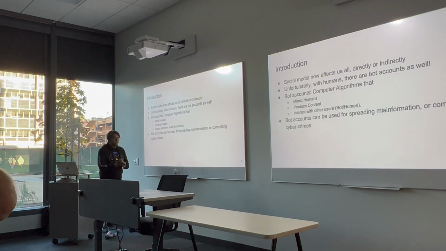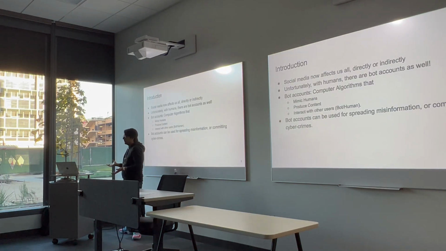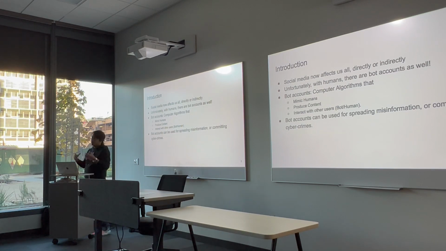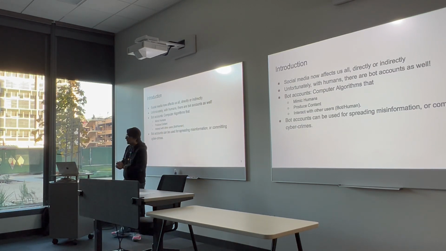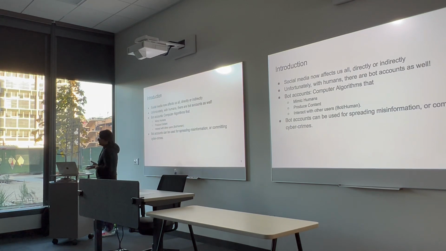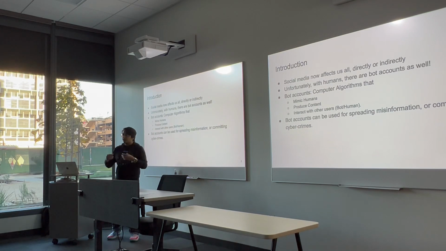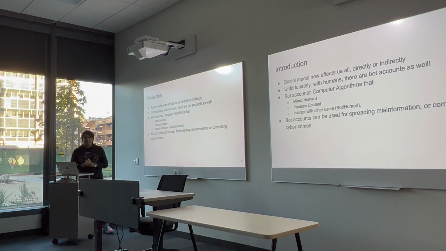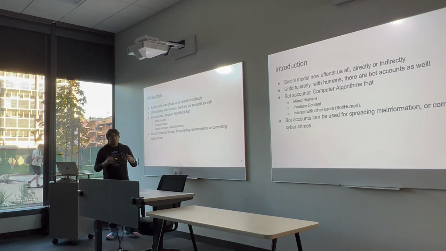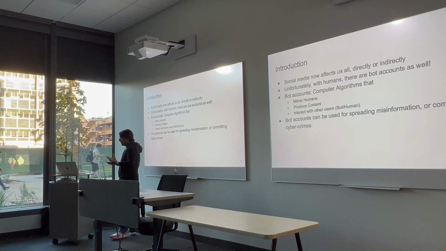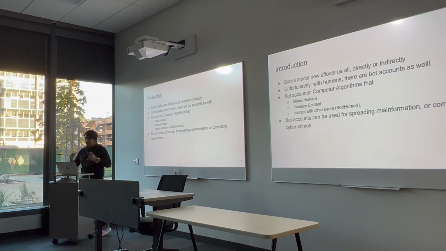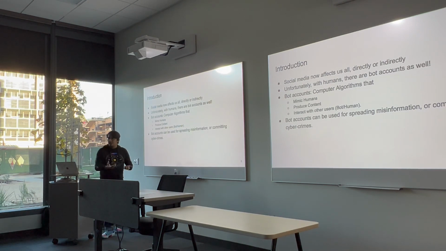So whether you're on social media or not, whether you're on Instagram or Facebook or Reddit or whatever social media you want, it affects us all indirectly or directly. You might notice a lot of news articles usually mention a tweet, or X now, as people would say it, when they talk about very famous figures like the President of the United States when talking about very important issues.